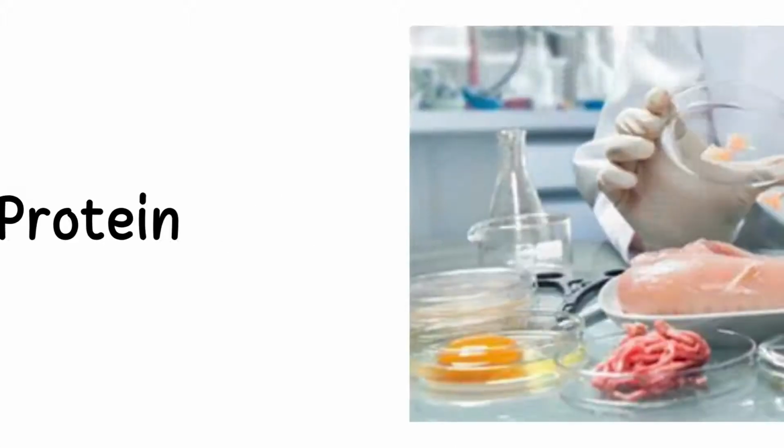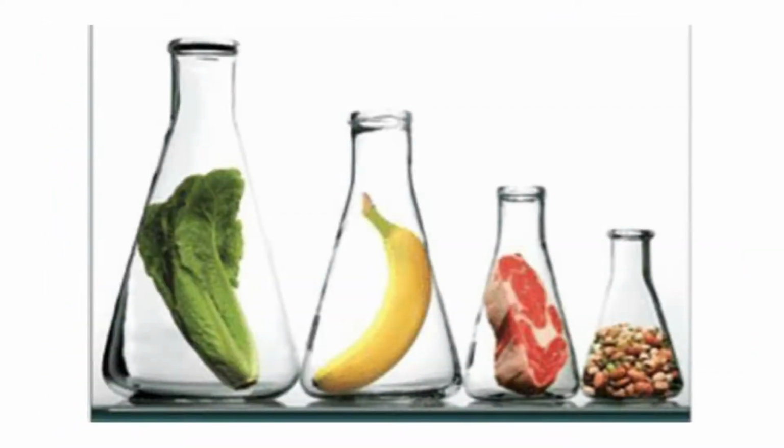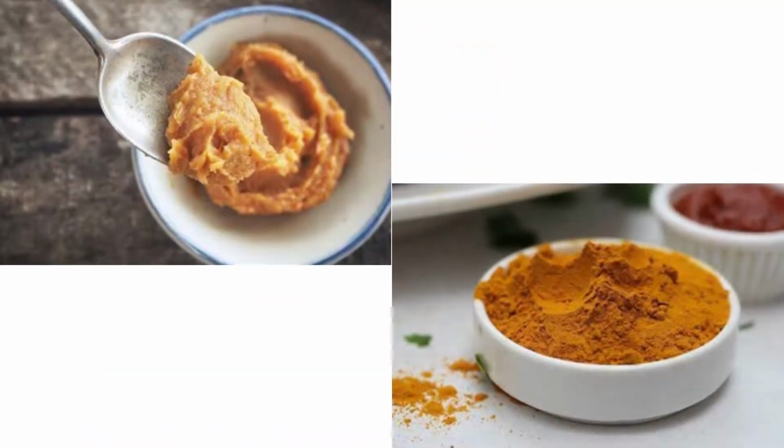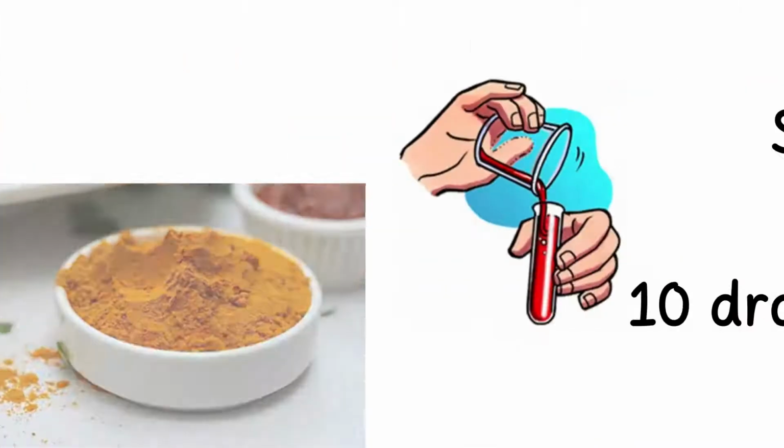Test for protein. Take a small quantity of a food item for testing. If the food you want to test is a solid, you first need to make a paste out of it or powder it. Grind or mash a few samples of food items.